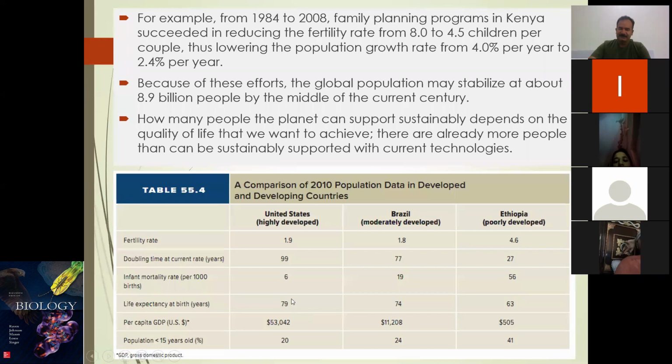Life expectancy is 79, or you can say 80 years, in United States and 63 years in Kenya. Similarly, you can observe the per capita income of individuals is high in United States. That is less in case of Ethiopia. Population under 15 years is 20 percent in United States, and highest in Ethiopia.